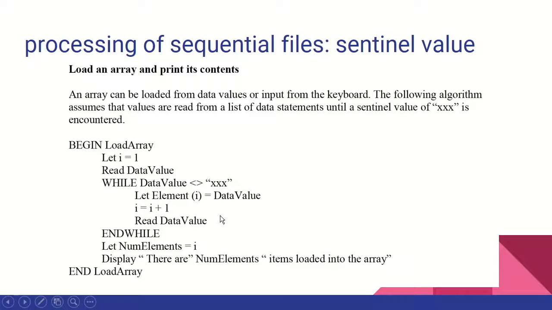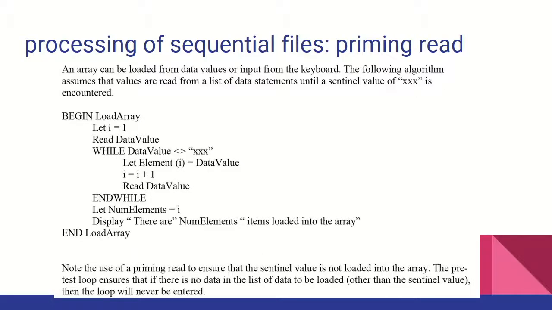Let number of elements equal I is also a nice way of saying I don't know how many elements there are in my array, therefore when I get my sentinel value, I stop processing, and that's how many values I began with. An array can be loaded from data values or input from the keyboard, so you can either pre-define or do some data entry. In the case of this array, begin load array, let I equal 1, read data value, once again we get the sentinel value of XXX.